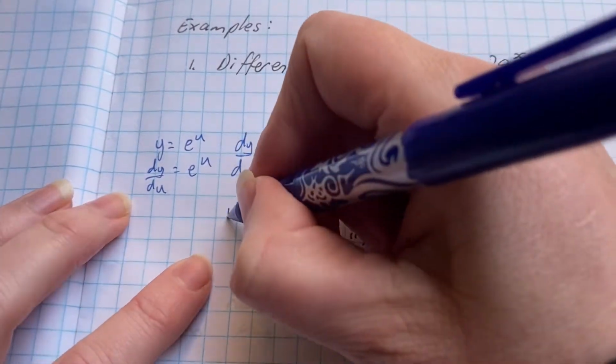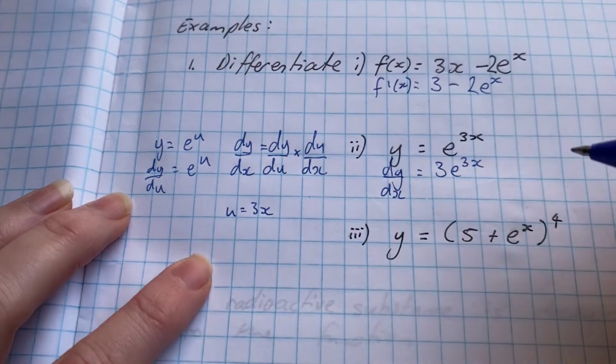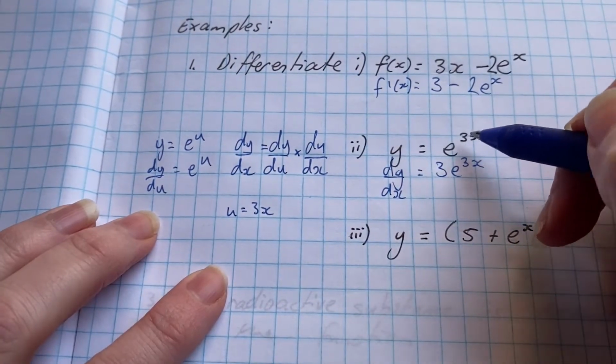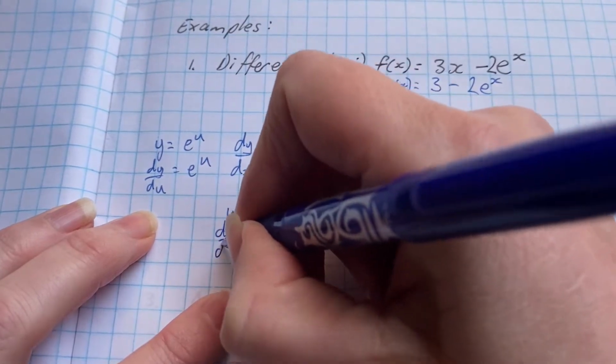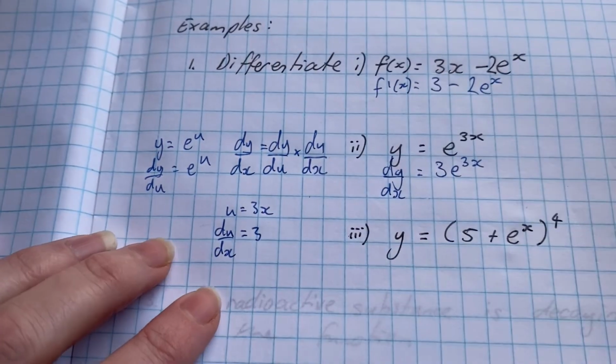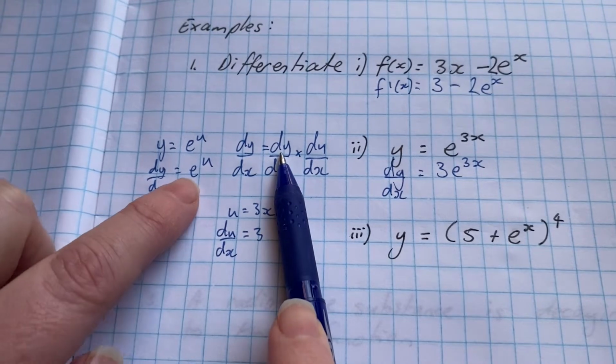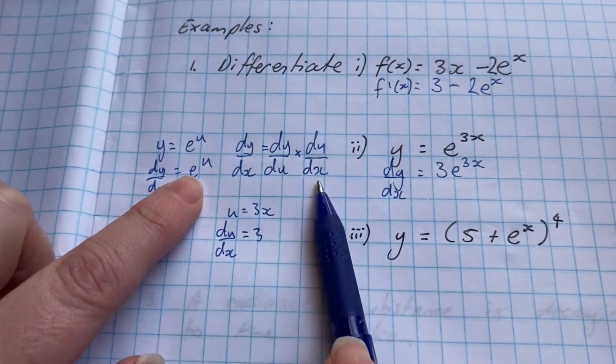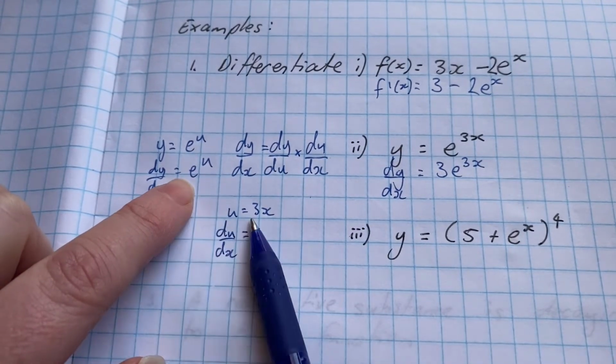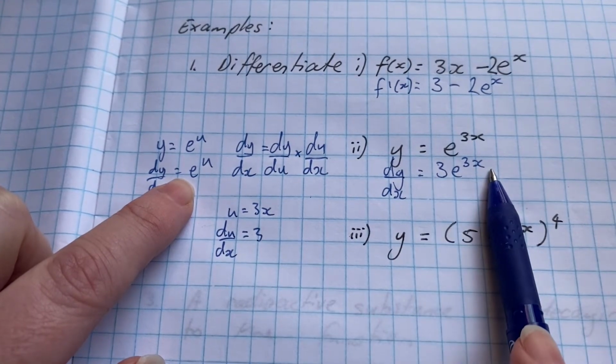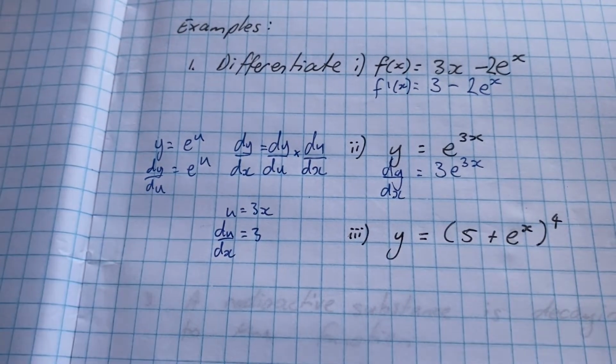For du/dx, well, u equals 3x because that's what we've replaced, so therefore du/dx just equals 3. And we can see if we do dy/du times du/dx, those two things multiplied together, that is exactly what we've got here.